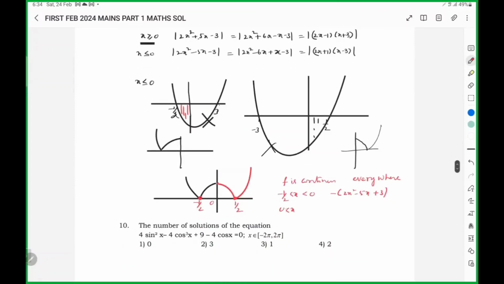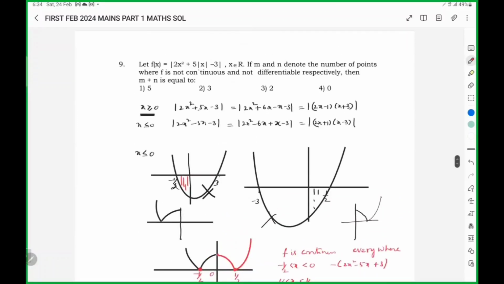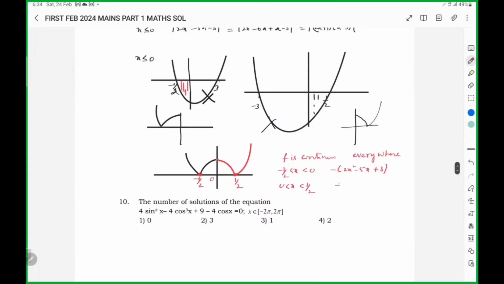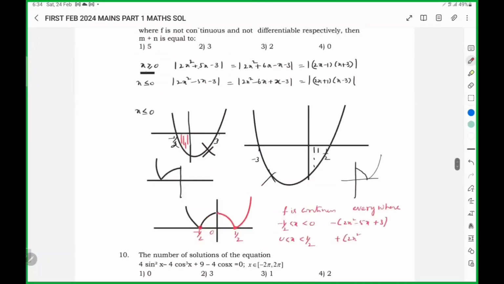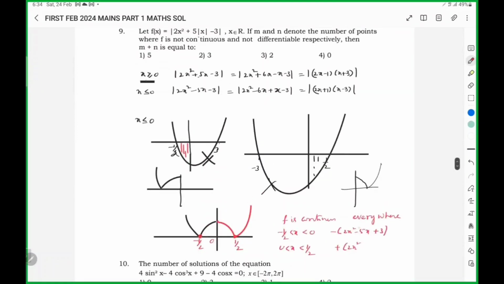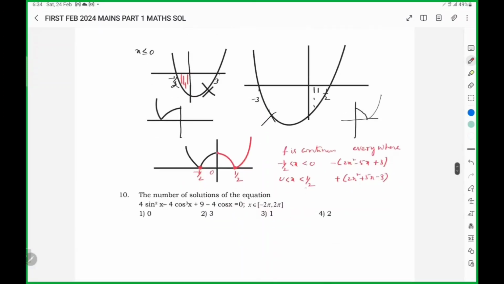For x lies between 0 and half, that is for positive, it will be the positive function, that is 2x square plus 5x minus 3. So the left-hand derivative at 0, if you find, you get 5.